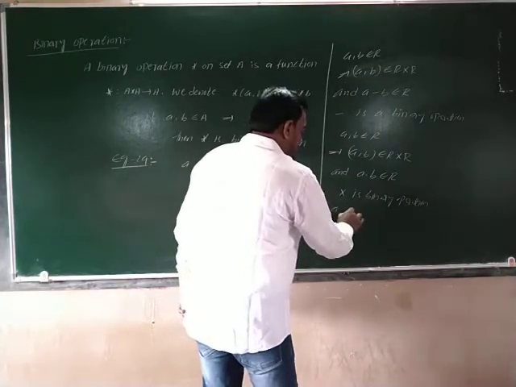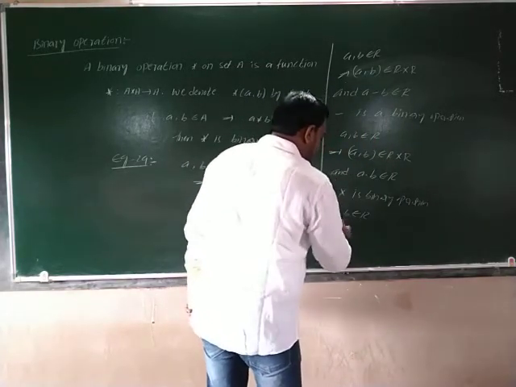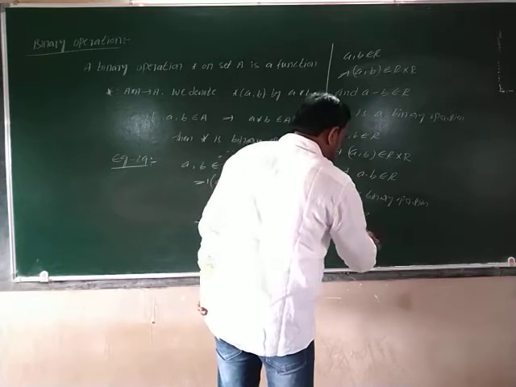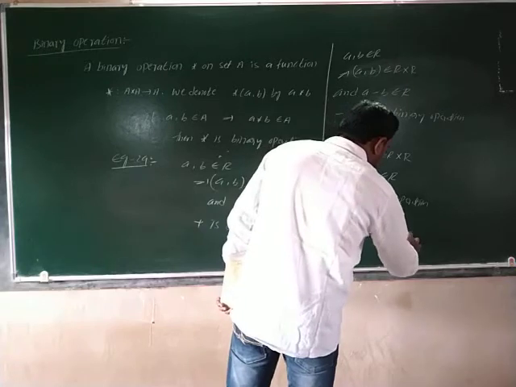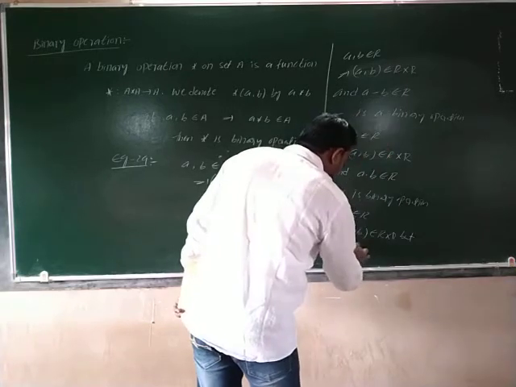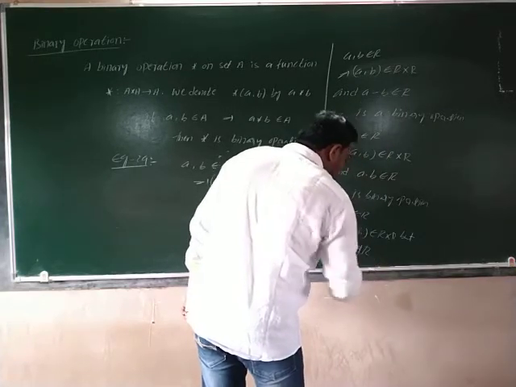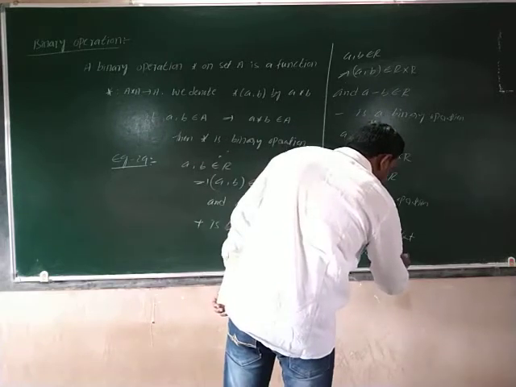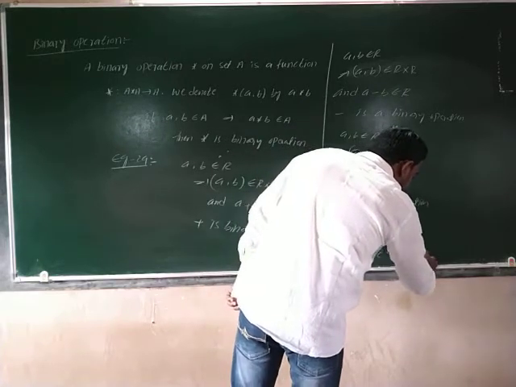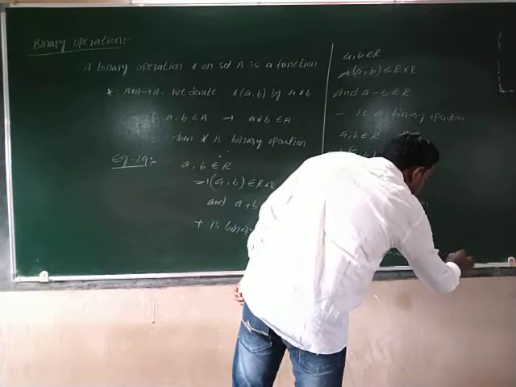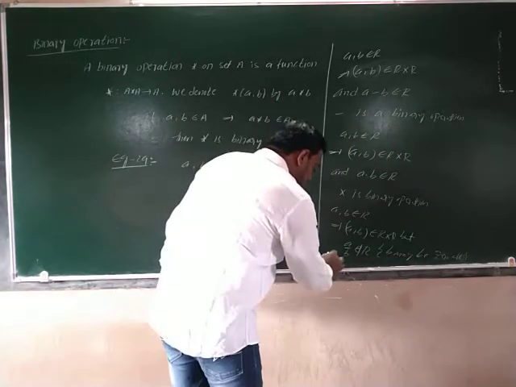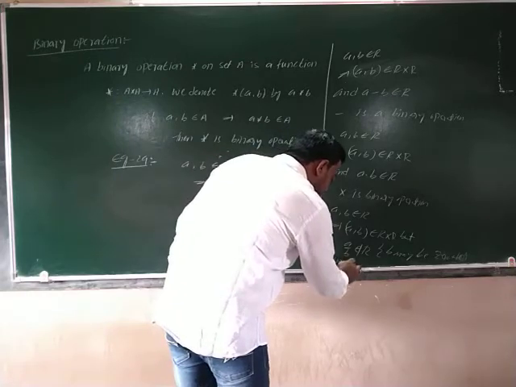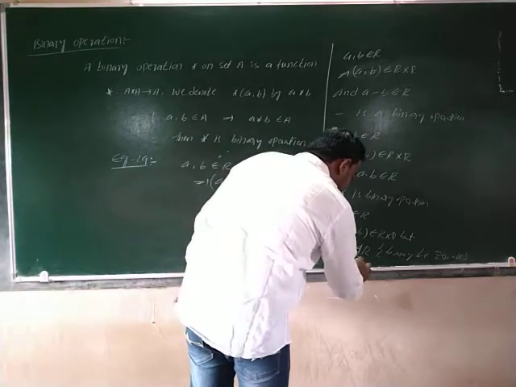If A comma B belongs to R, that implies the pair A comma B belongs to R cross R, but A by B does not belong to R. What is the reason? B may be 0 also. Therefore, division is not a function first.